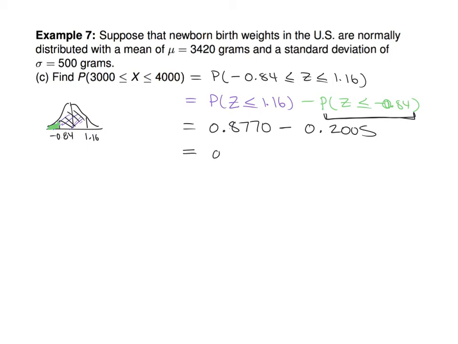So this comes out to be 0.6765. And a lot of students are freaked out because this inequality seems to change directions there, and they don't understand why, but the why really is this picture. So if you think about that picture, you'll understand why that has to happen. To find this middle area, you must take away that area, and that area is z less than that number. That's the reason.